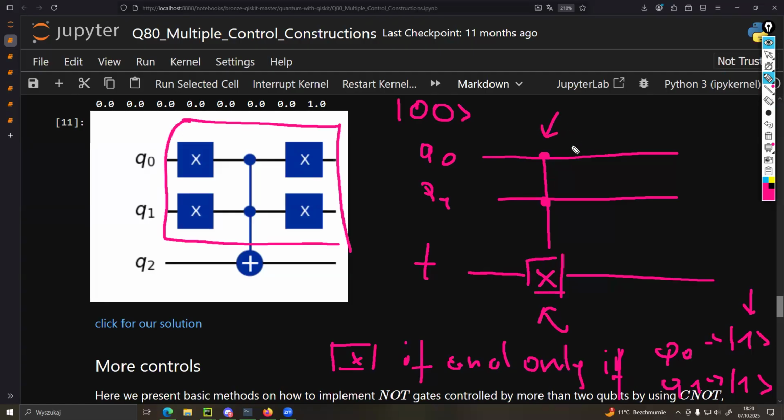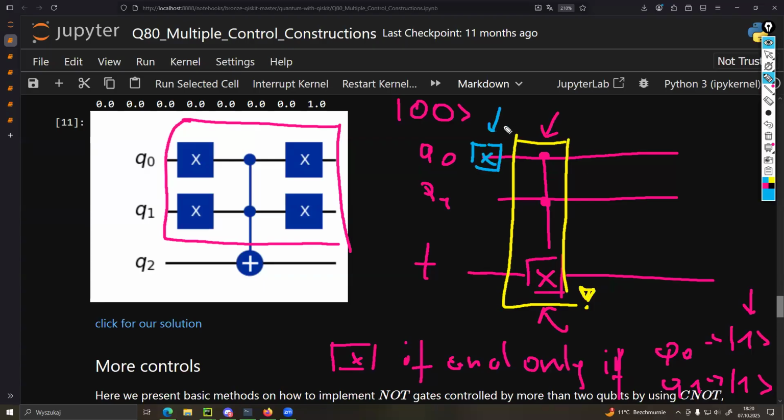I cannot change my control qubits, right? This gate cannot change. This gate cannot change. This is set in stone. However, what I can change is the surroundings. So for example, I could append here an X preemptively.